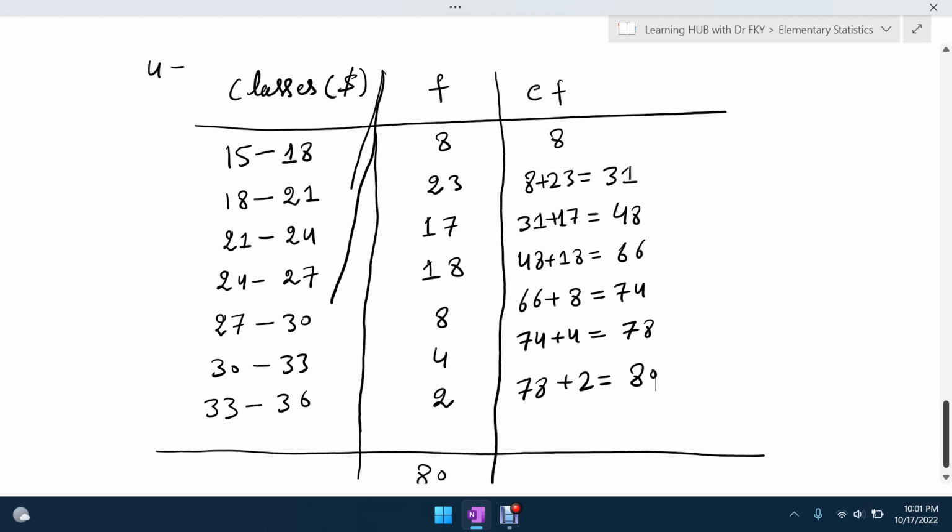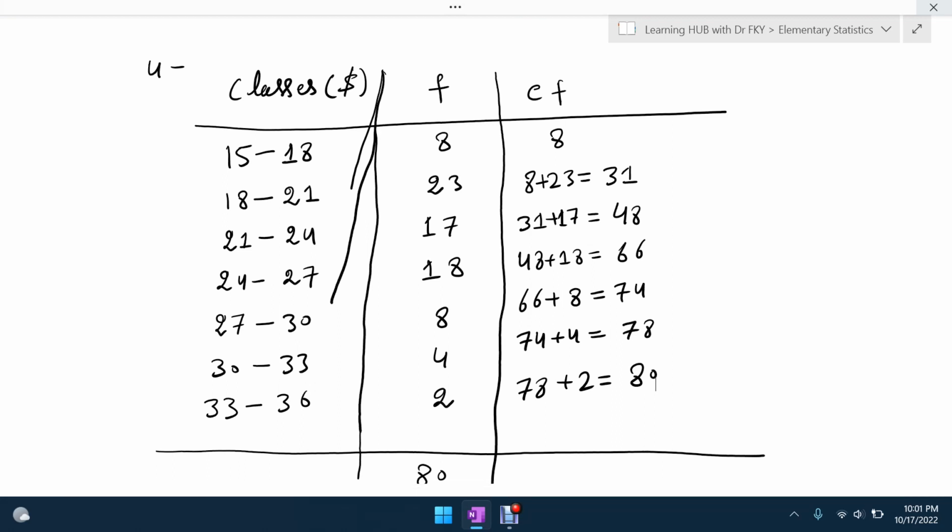There are four main rules, which I discussed in the previous video, and then I constructed this frequency table for the data. Now, in this lecture, I would like to calculate the mean of this data.